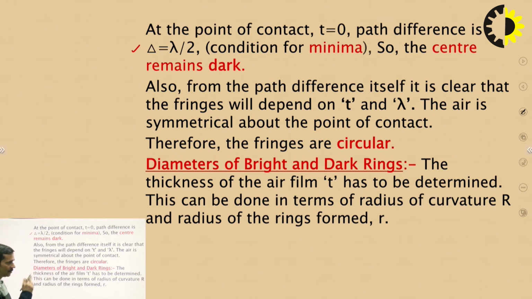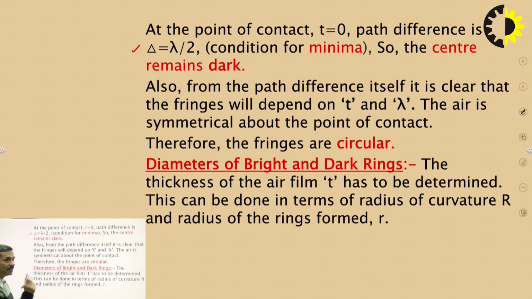So the formation of rings depends upon the thickness of the film. The film has symmetry about the point of contact, so at a particular distance from the point of contact the thickness of the film remains the same, and the locus of such points represents a circle.